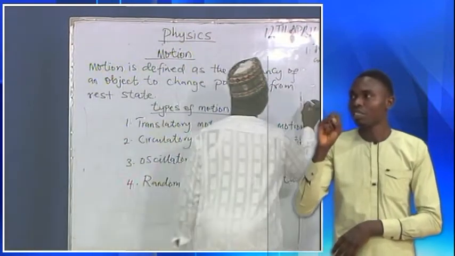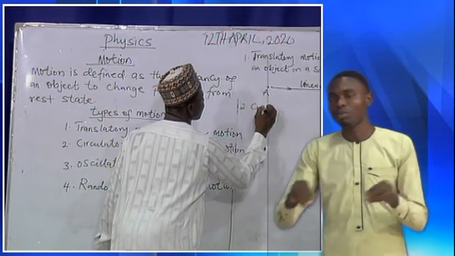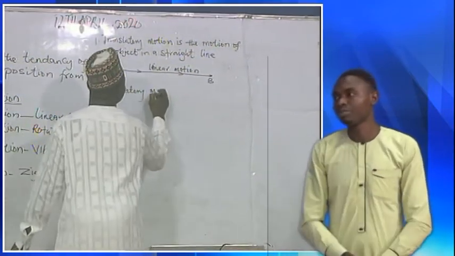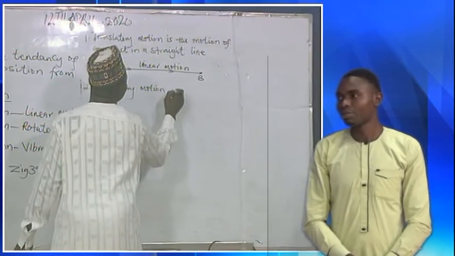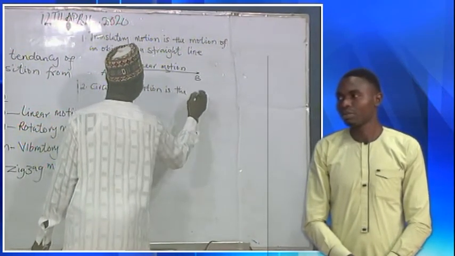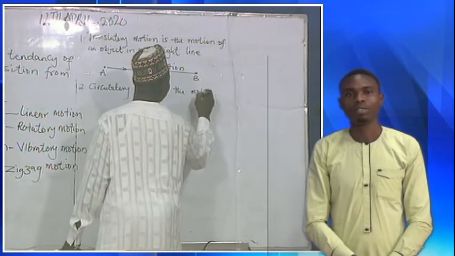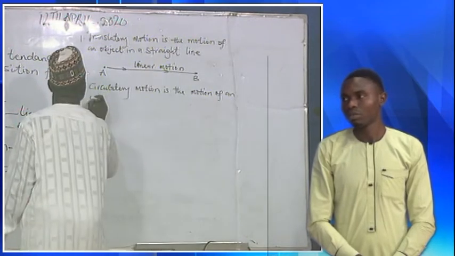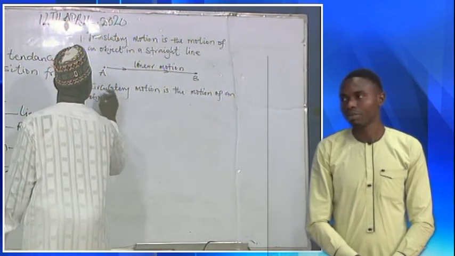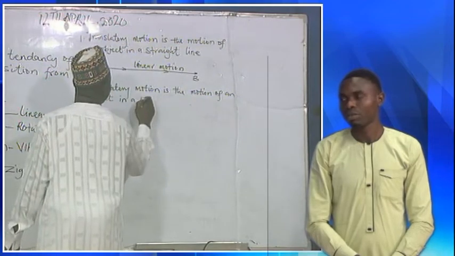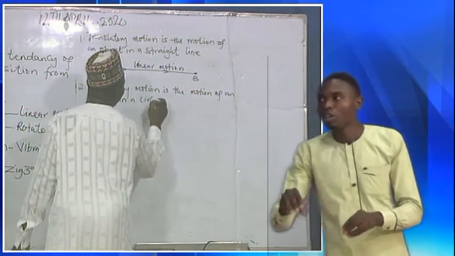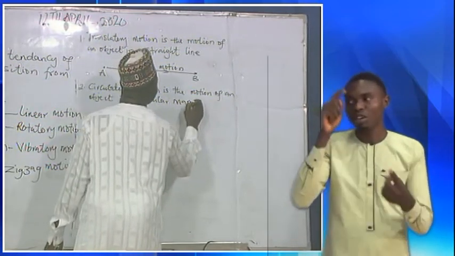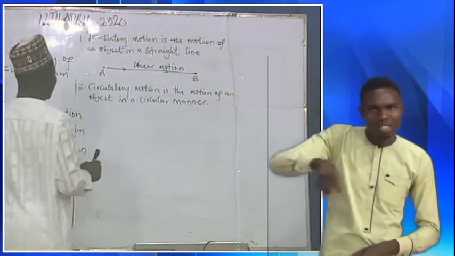Circulatory motion is number 2. It is motion in a circular manner, please, from the name, circulatory.